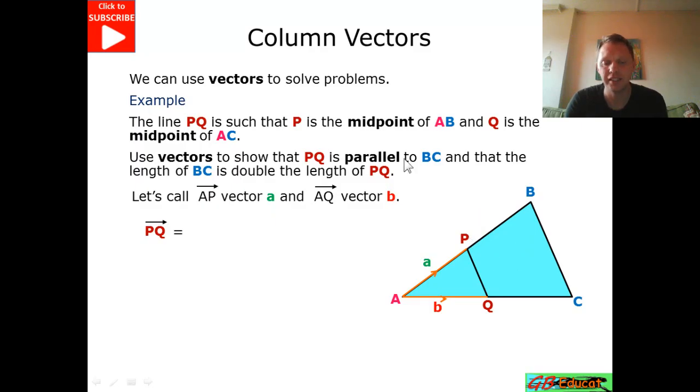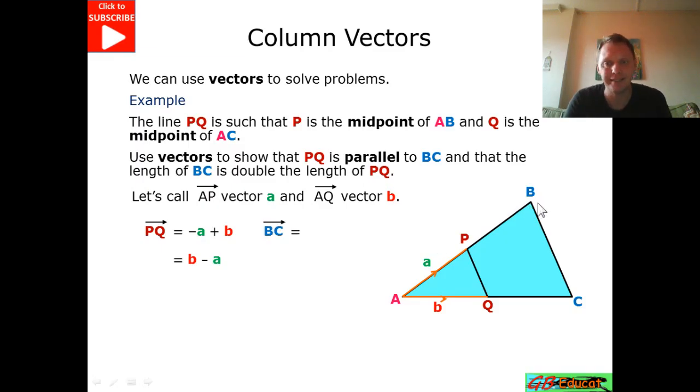So from P to Q is going to be minus a, because to get from P to Q, I'm going to go in this direction first, so it's going to be minus a, and then in this direction, so it's going to be positive b. So I'm just going to rearrange that to b minus a.